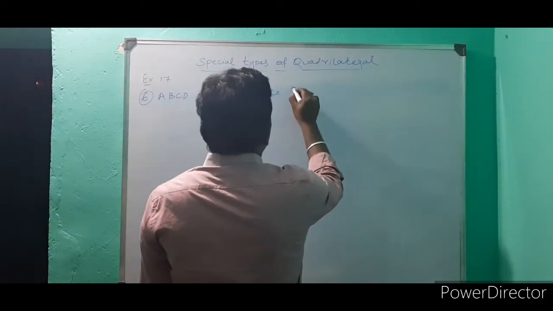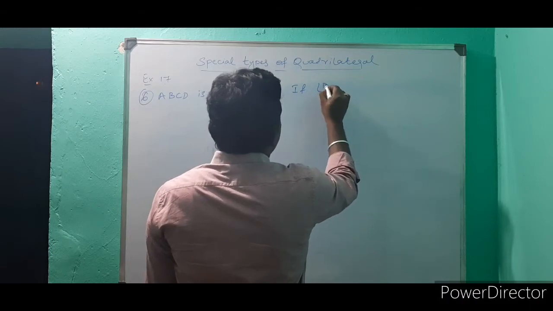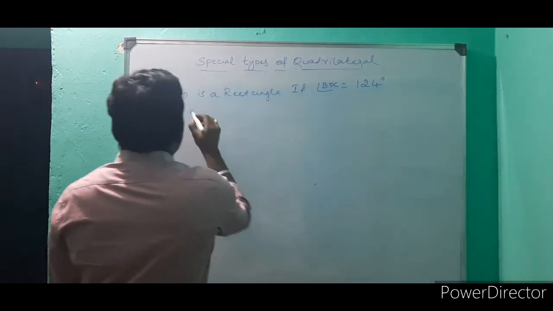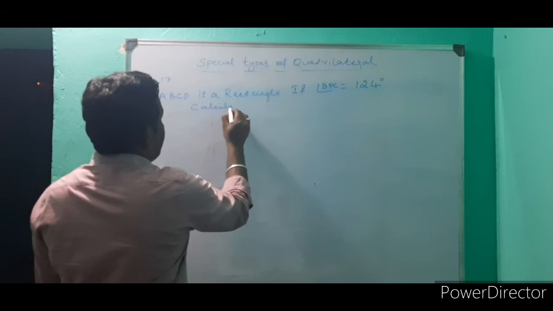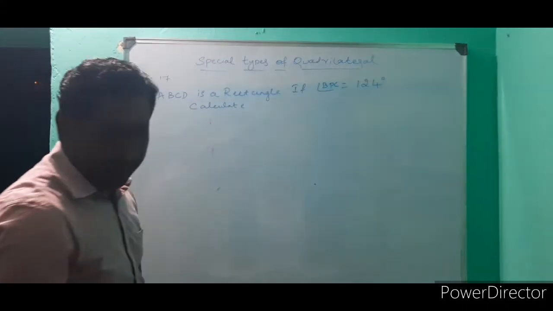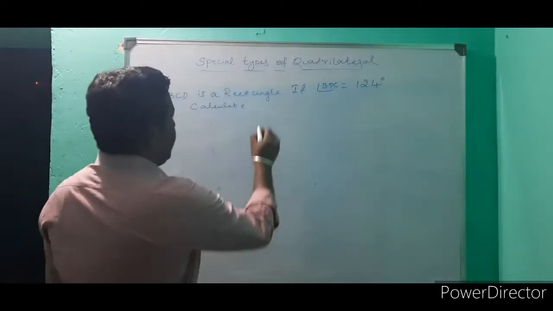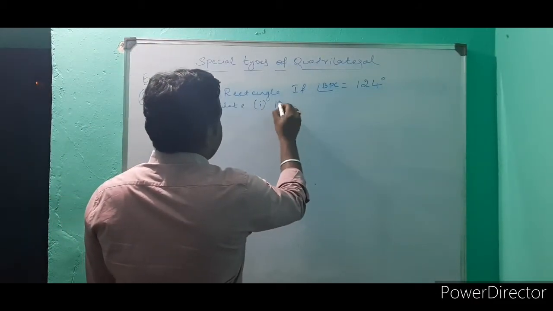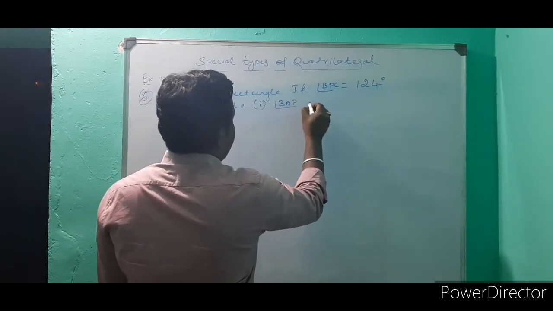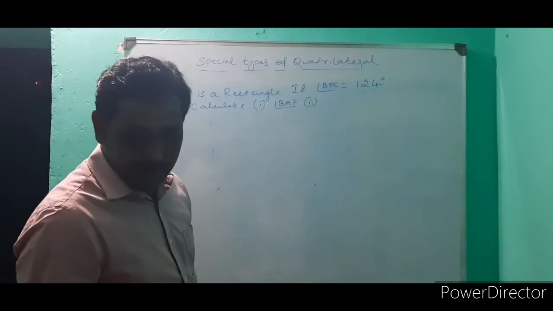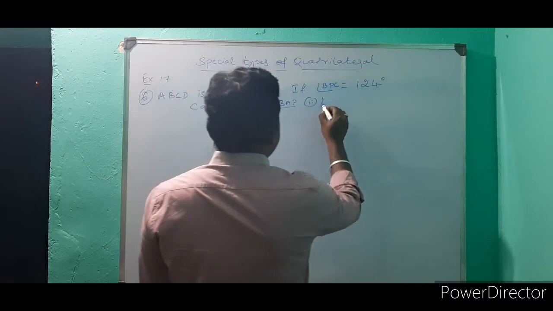If angle BPC is equal to 124 degree, calculate angle BAP and angle ADP.